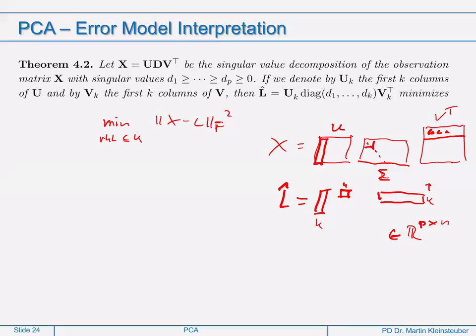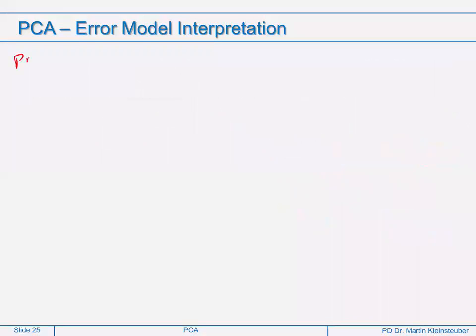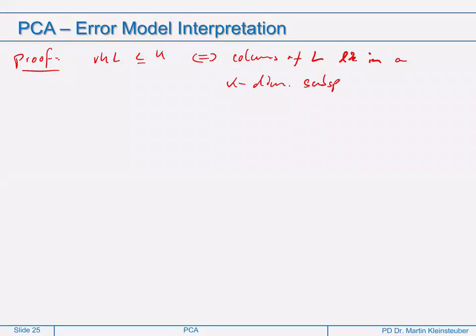Why is that true? So the proof of that is, we had the rank of L smaller or equal to k if and only if the columns of L lie in a k-dimensional subspace.